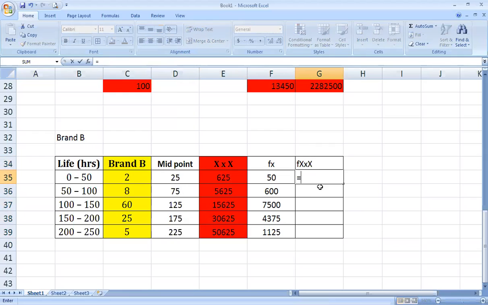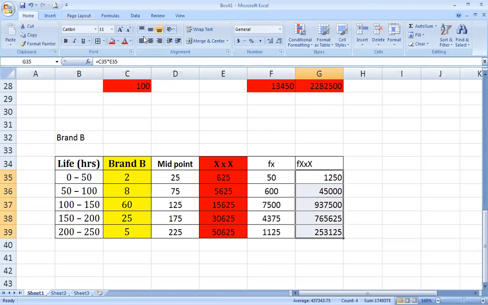So that is 2 into 625, that is 1,250. Then 8 into 5,625. Then 60 into 15,625. So these are the fx square values.